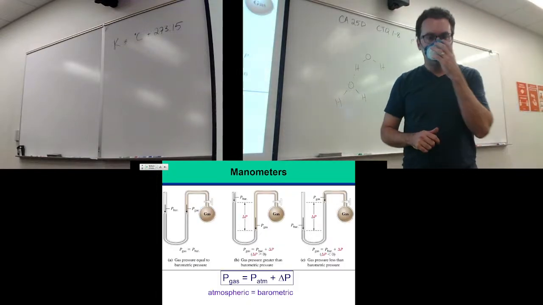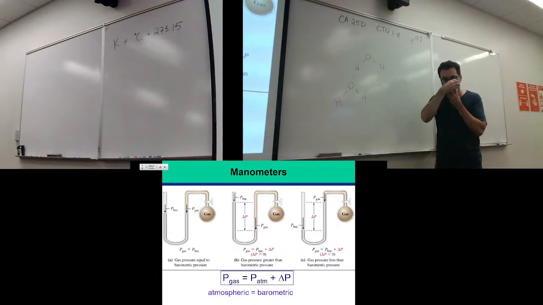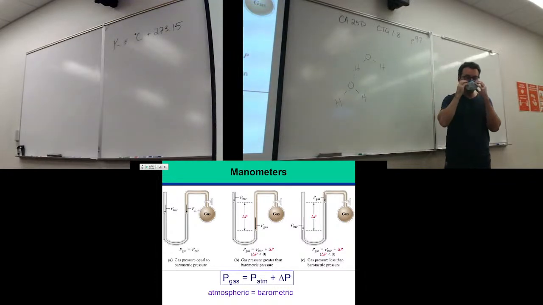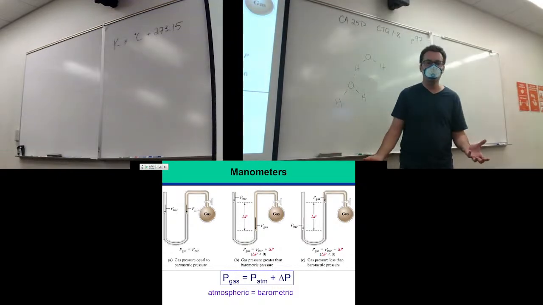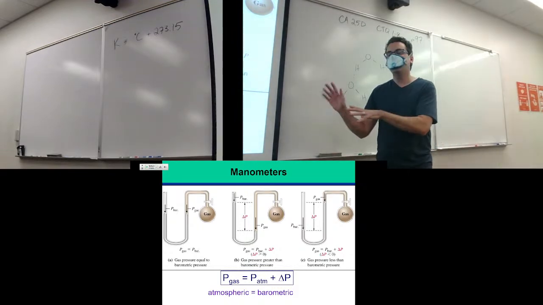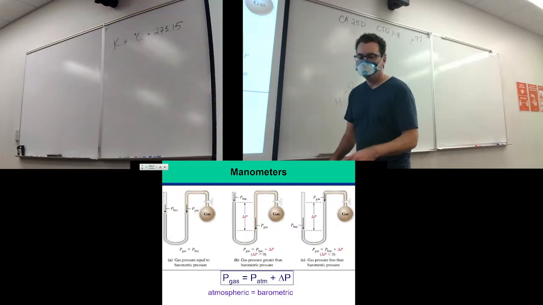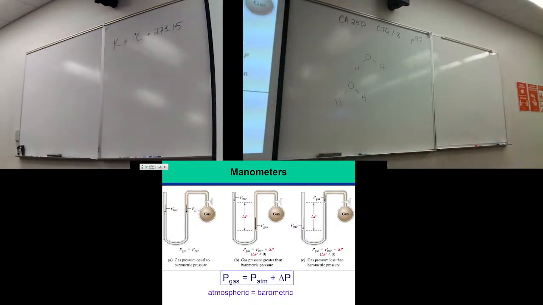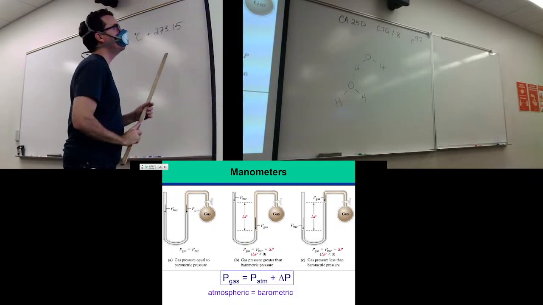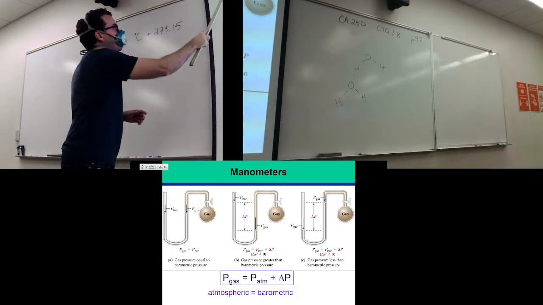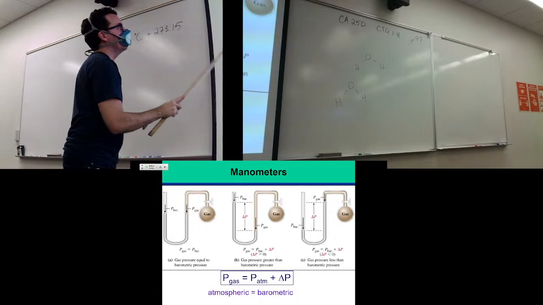So the other tool is the manometer. The barometer is used just for atmospheric pressure. This is for measuring the pressure of any container of gas. There's 2 ways to use a manometer. This is one. This is an open-ended manometer, where one side is open to the atmosphere. And so the idea is the atmosphere is pushing on this level of mercury right here.